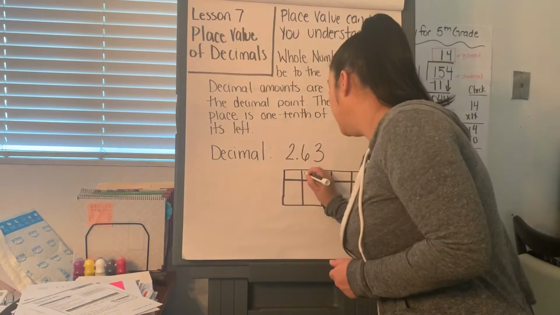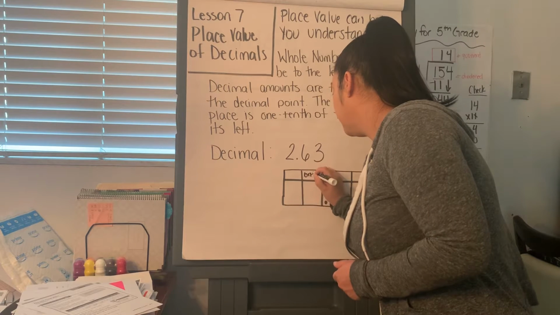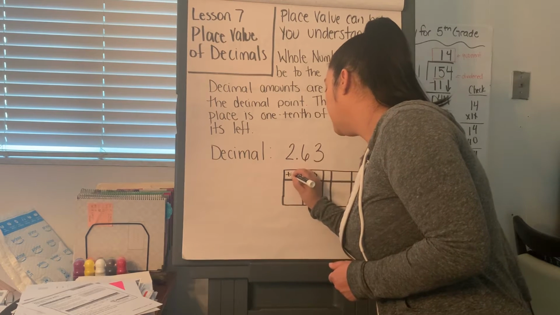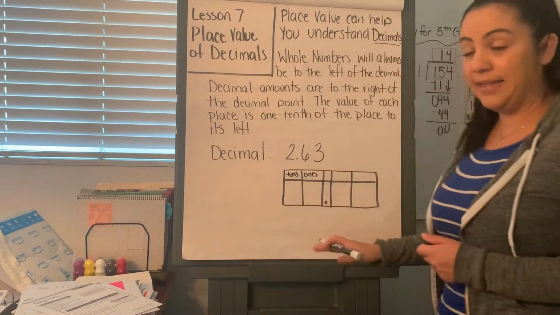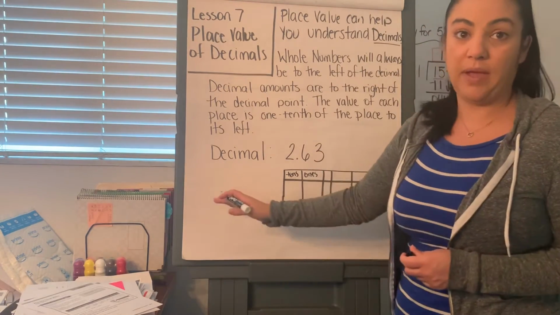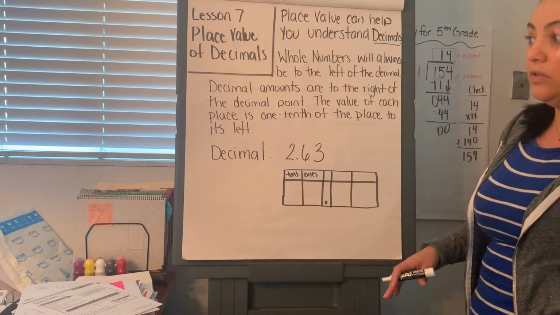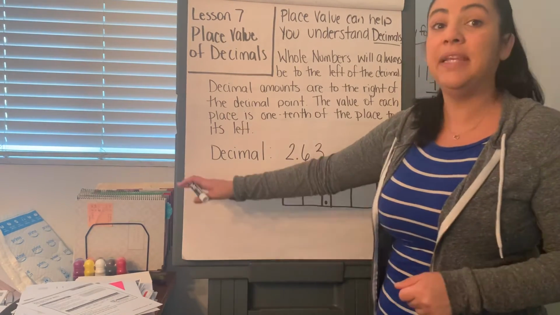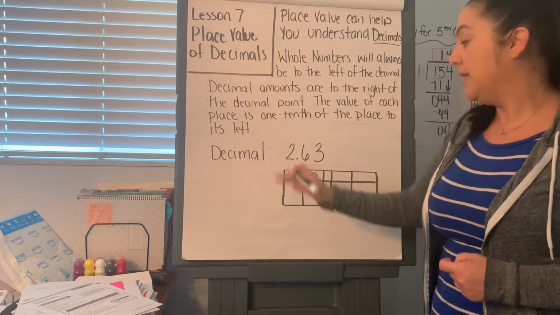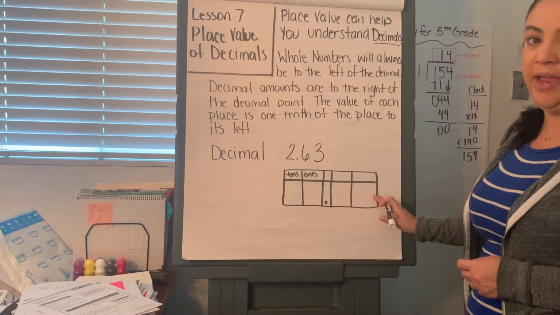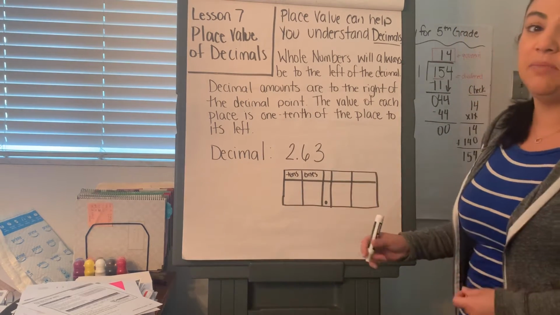You have your ones place, and you have your tens place. And you can keep going. The best way to think about this is like money. You can have whole dollar amounts that go all the way to the millions and past the millions place to the left of the decimal, but to the right, you have your decimal values.